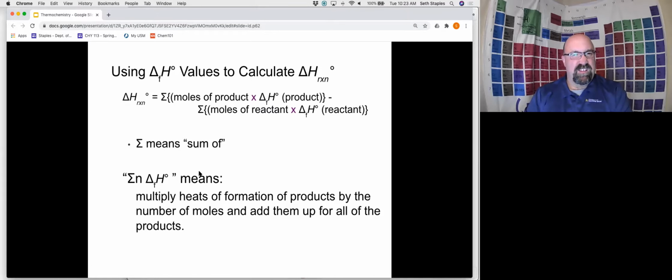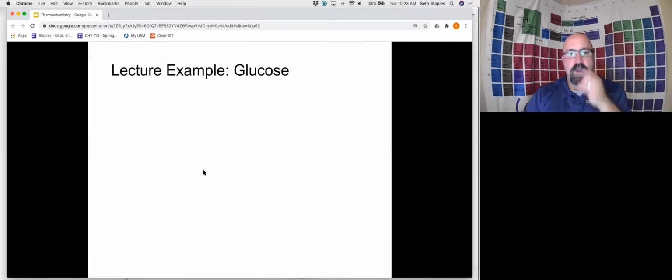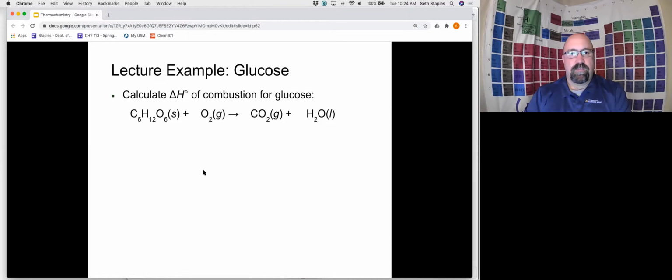So let's look at an example, because I know this is getting kind of wordy and it might be tough to visualize. Let's really look at one. We're going to calculate the delta H for the combustion of glucose. This is a way that we would use this.